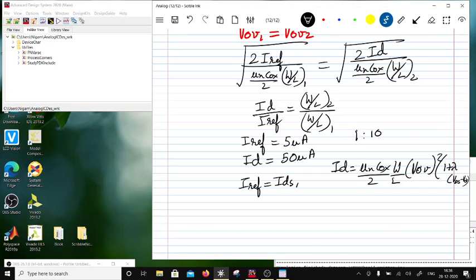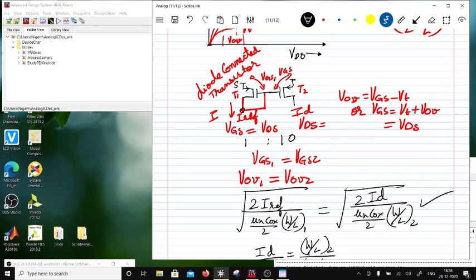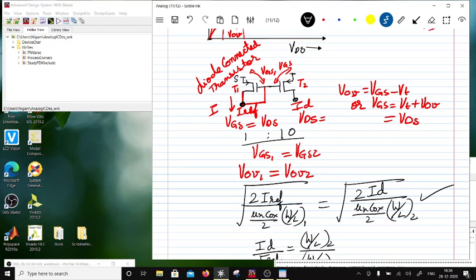So I'm assuming either lambda equals 0, then this equation holds, or lambda is not equal to 0, but then the voltages are equal. So if this node voltage is the same as this node voltage, then this mirror ratio of 1:10 holds. If not, you are holding this constant and V2 is varying, then it is just the device characteristics which you are going to see.